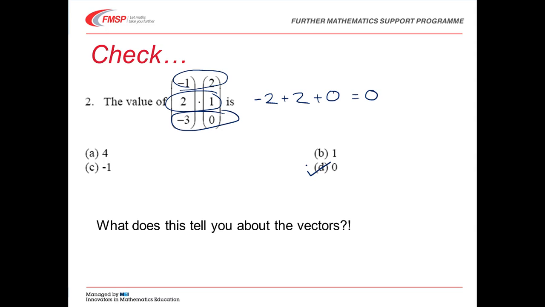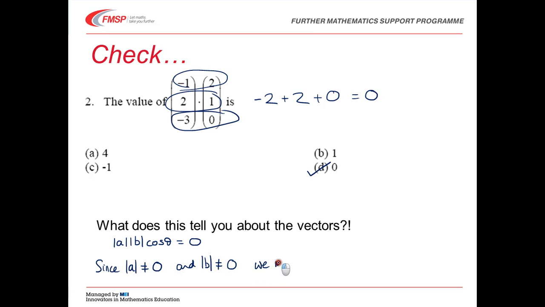Now, what does this tell you about the vectors? Well, it tells you that the other version of the dot product, mod A mod B cos theta, is also 0. But we know that mod A is not 0 because we can see that it's not the 0 vector, and we can see that B is not the 0 vector, so its magnitude is not 0 either.